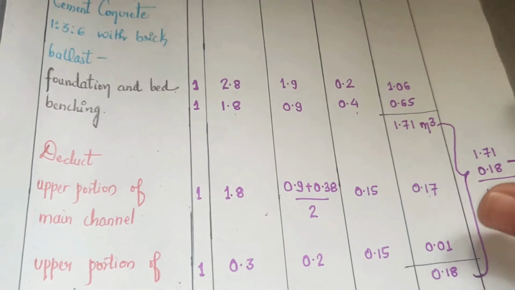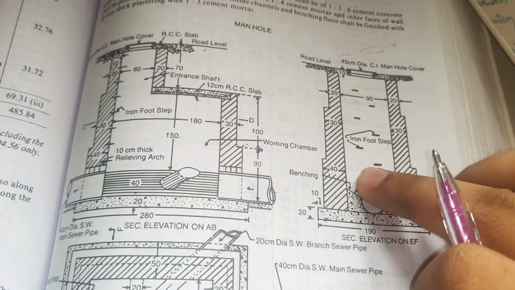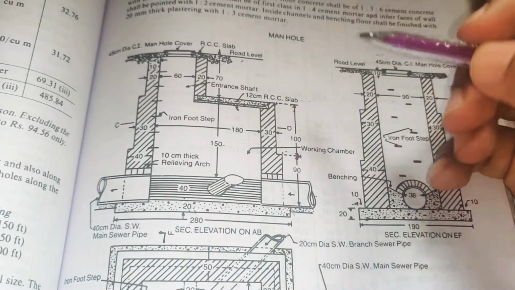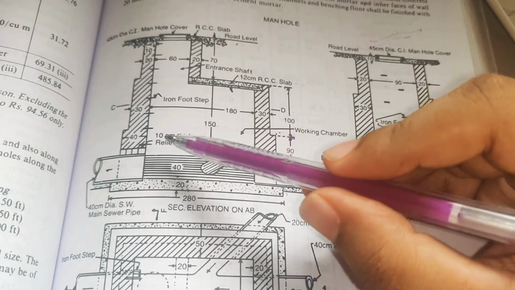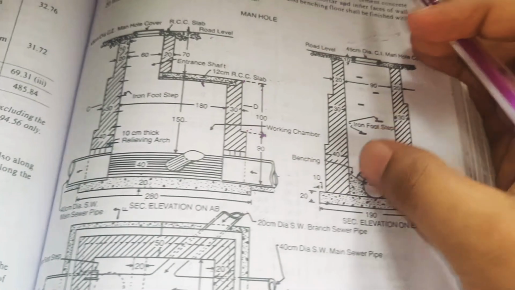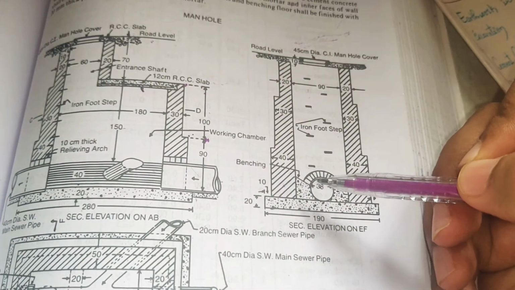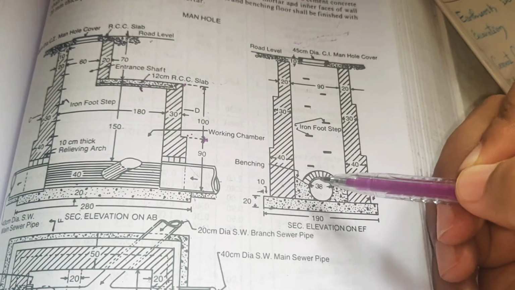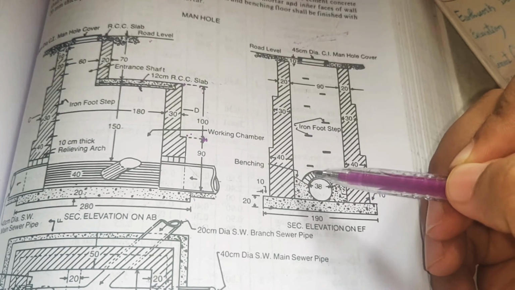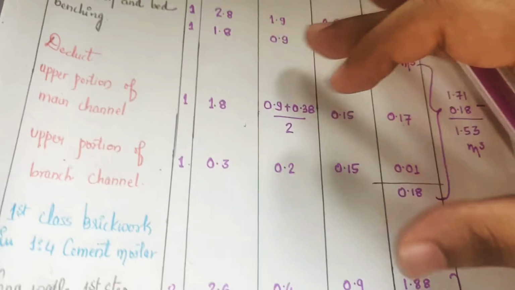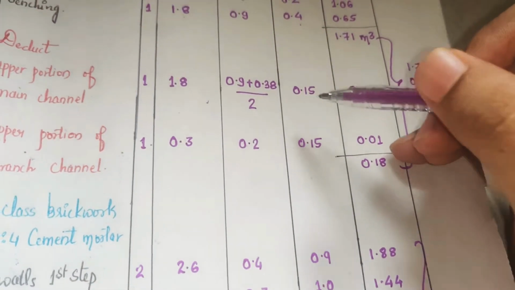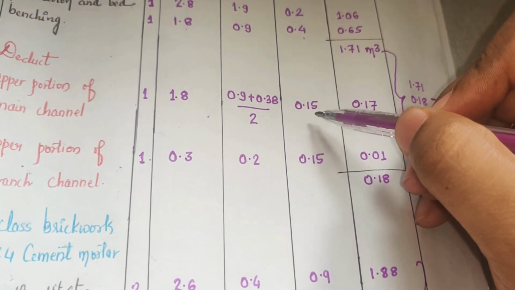So this 0.15 is nothing but this arch what you see here. This arch is called the relieving arch, which is 10 centimeter thick. So this relieving arch is 10 centimeter thick, which is provided over the pipe. So that 10 centimeter plus some extra quantity which is added to that, so that overall deduction is taken as 0.15.